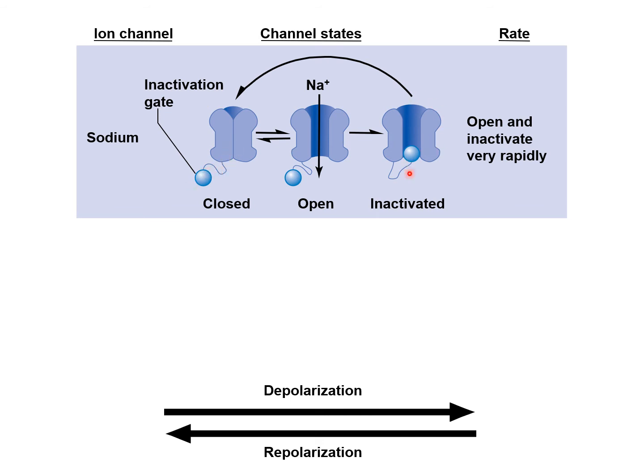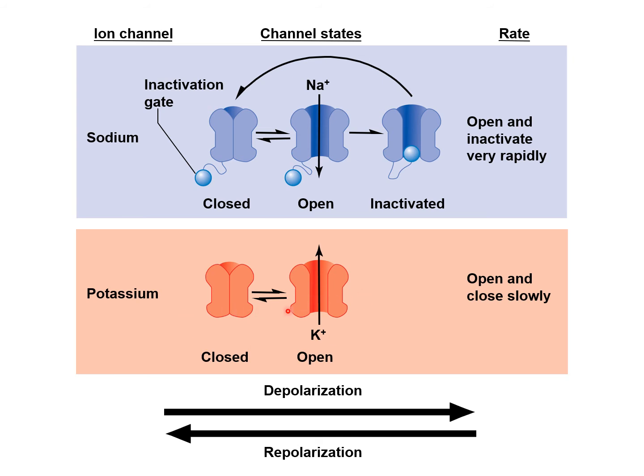That leads to a period of time where you can't reopen this channel. That period of time is known as a refractory period. It means that the channel is not receptive to additional signal. But I'm going to get there. Again, I'm trying to bring these layers on in a conscientious way.